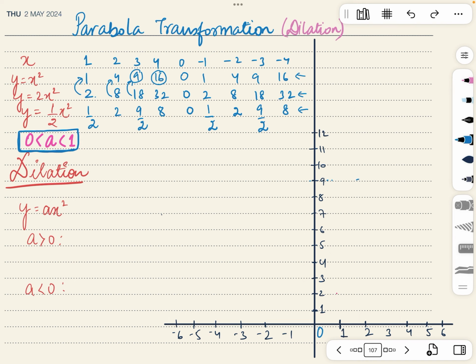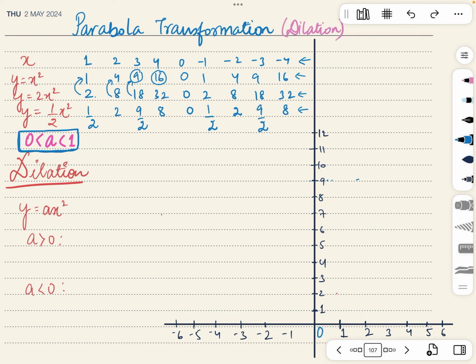Now for dilation, I have already written the values over here for you. So plugging in the x, we got all the values 1, 2, 3, 4, 0, minus 1, minus 2, minus 3, minus 4. Then again we square them up. Then also 2x squared, that means 2 times x squared, has been done.